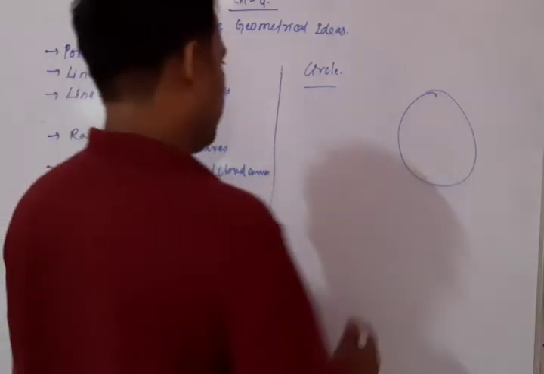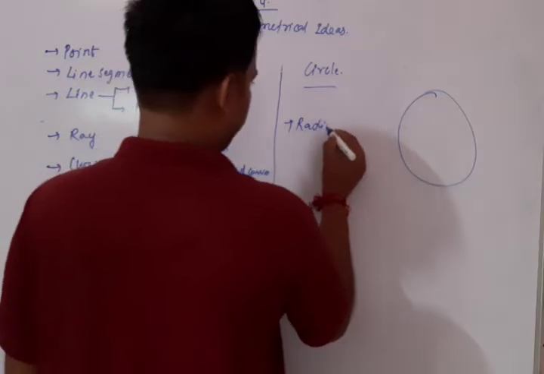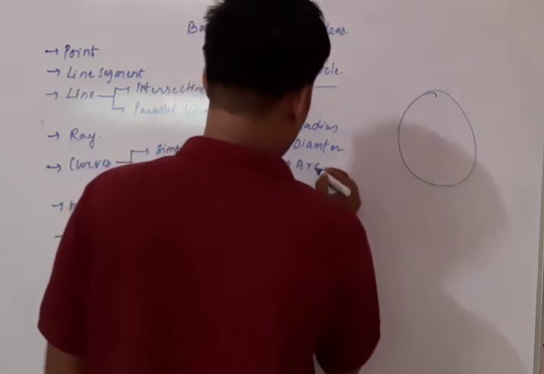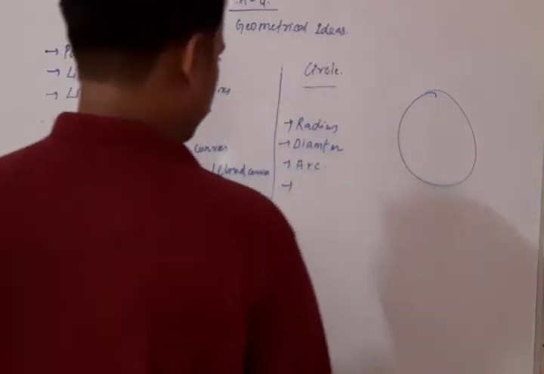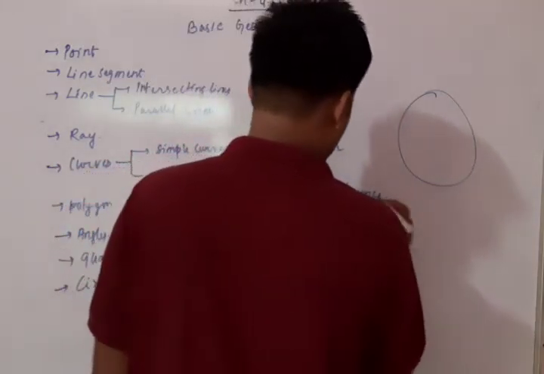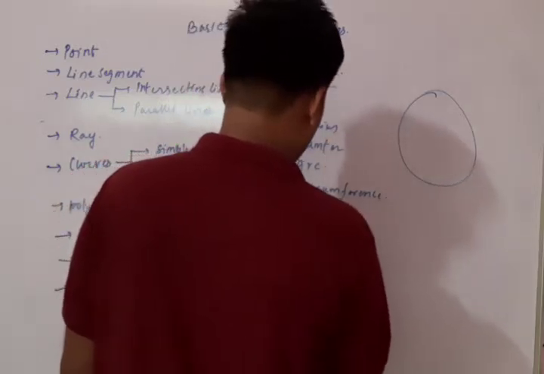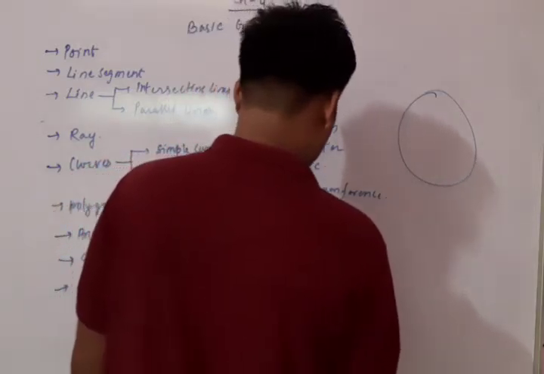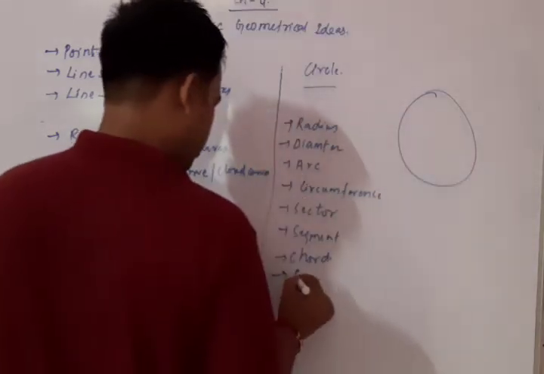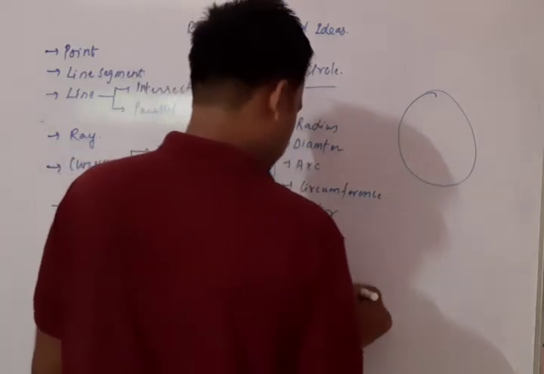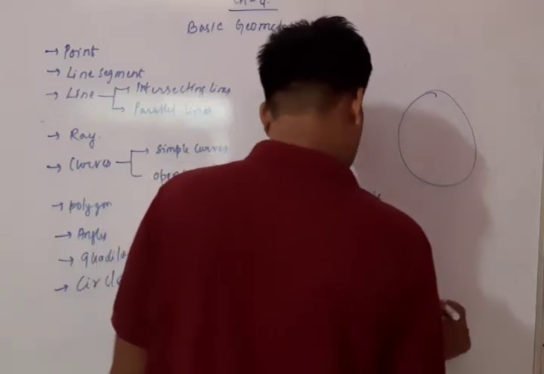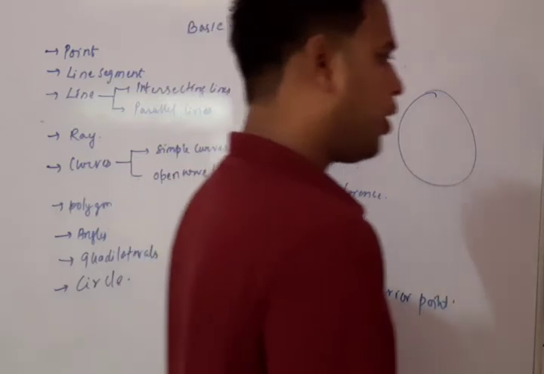In a circle you have to discuss radius, diameter, arc, circumference, sector, segment, chord, exterior, interior point. These are the points we have to discuss.